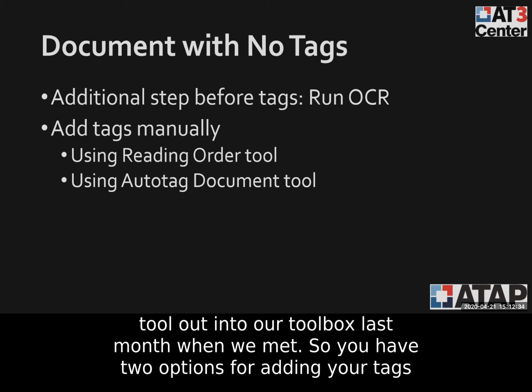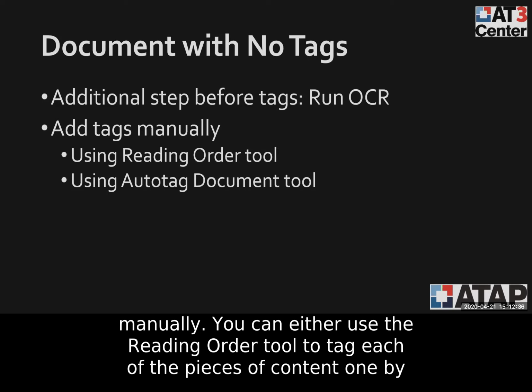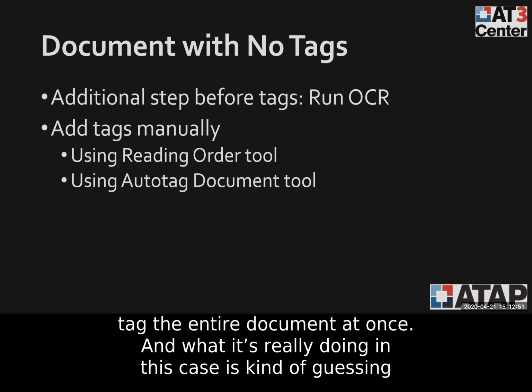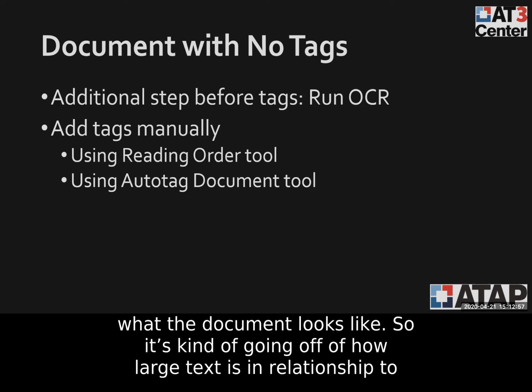So you have 2 options for adding your tags manually. You can either use the reading order tool to tag each of the pieces of content one by one, or you can actually use the auto tag document tool, which is in your accessibility tool, to tag the entire document at once. And what it's really doing in this case is kind of guessing what the document looks like.